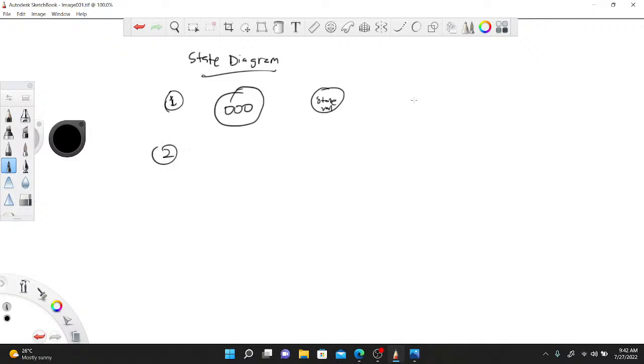Secondly, clock triggered transitions between states, because this is sequential circuit design. States change with triggered clocks, whether edge or level triggered. So you indicate changes or transitions with directed lines, we call them paths.